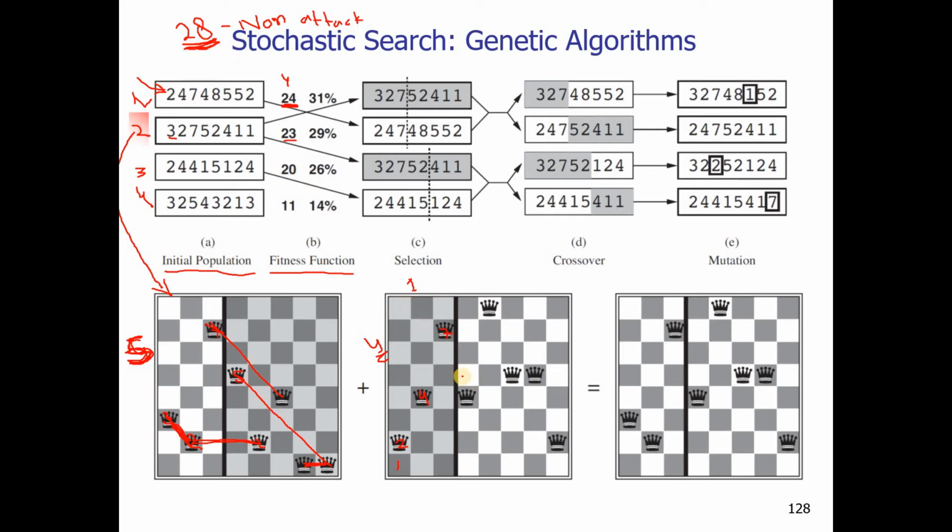In the other case, board number 1, out of 28 we avoid 24 attacks, but 4 attacks are happening. If you pause the video, can you find the 4 of them? Here it is, 1, 2, and this one 3. Can you find any other?